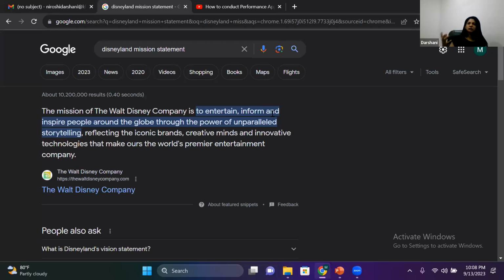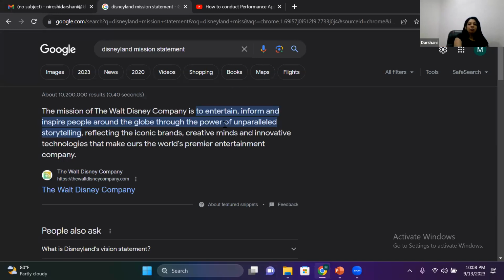You see this Disneyland storytelling, unparalleled. Harry Potter, Cinderella, Frozen, Snow White, Lion King, everything. They have reached there. They have reached their strategies. Unparalleled storytelling reflecting iconic brands, like Minnie Mouse and Cinderella. All these are iconic brands, and creative minds and innovative technologies that make ours the world's premier entertainment company. So this is the mission.